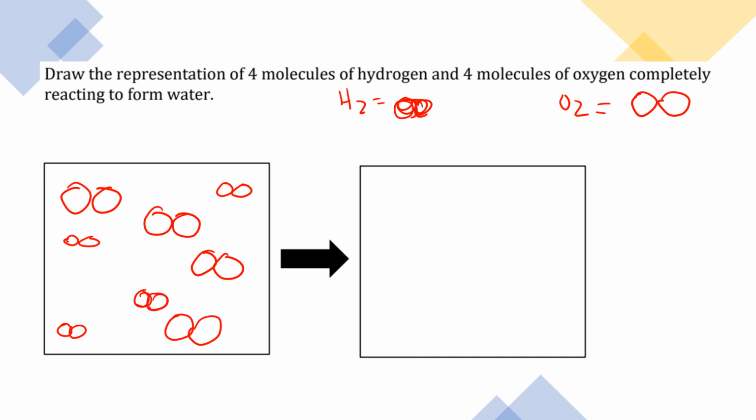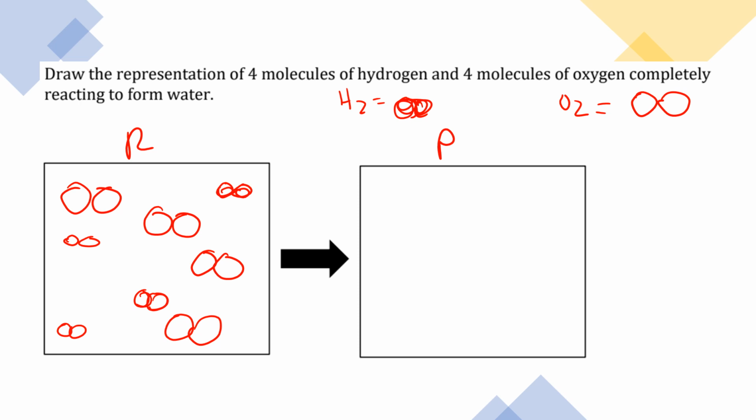You have to make sure that what you have on the left is equal to the same number of hydrogens on the right-hand side. So this is my reactants, these are my products.